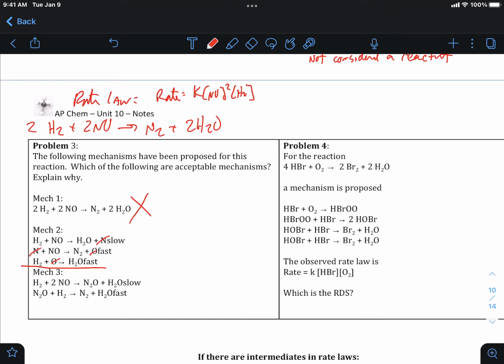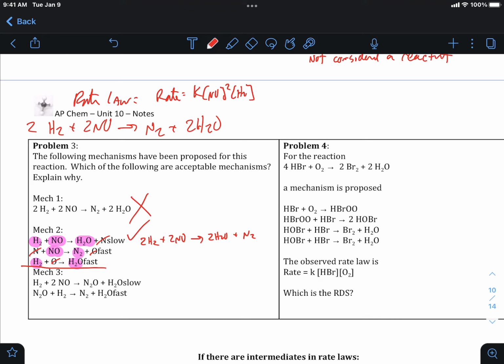All right, anything else? What we're left with is H2, NO, NO, and H2. And our products are H2O and N2 and H2O. So the overall reaction would be 2H2 plus 2NO forms 2H2O plus N2. Does that pass the algebraic test? Yes, that matches. This matches the overall reaction, so that part's okay.